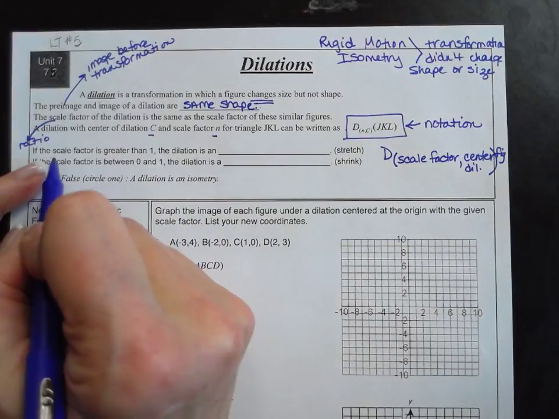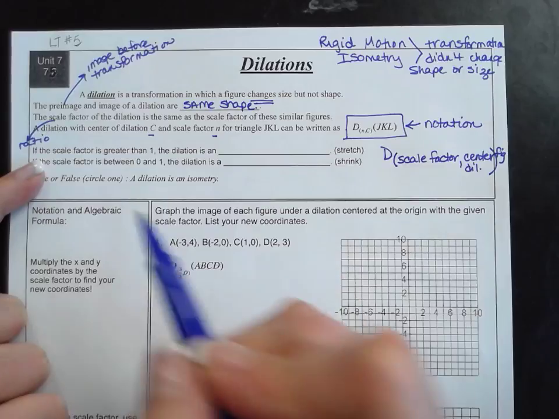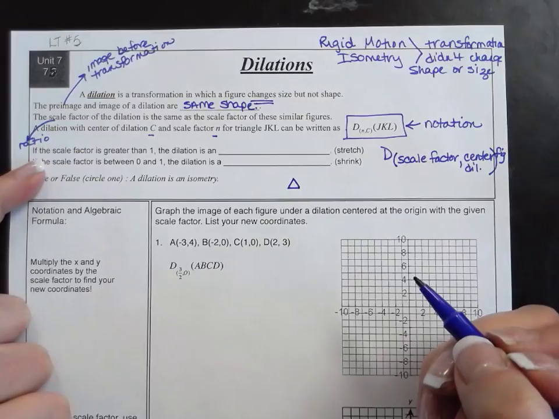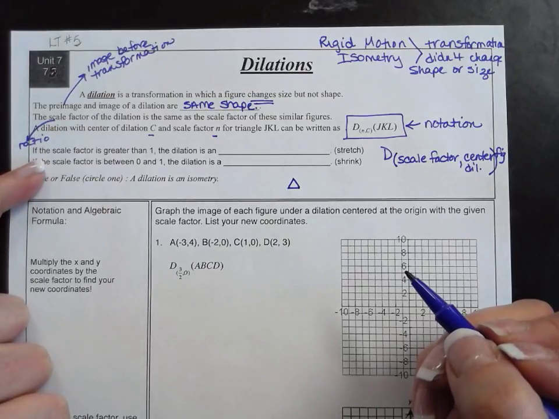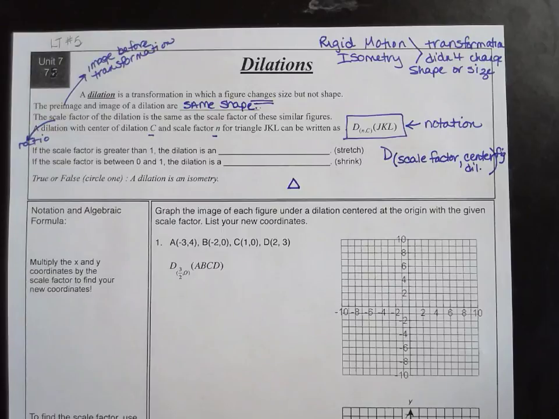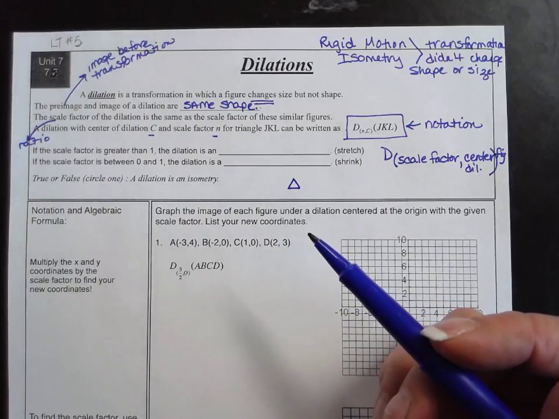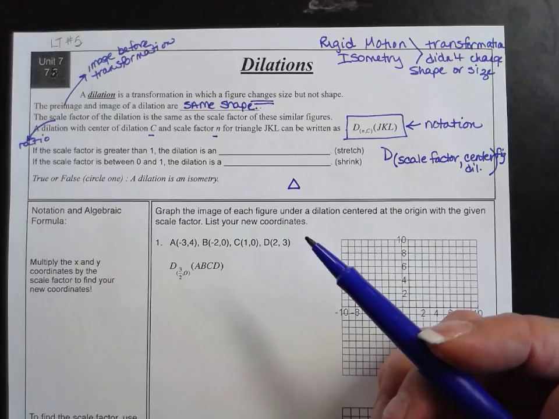Okay. If the scale factor is greater than 1, think about this. I have this triangle. If I'm going to make it a scale factor of 2, which is greater than 1, the dilation is going to be what? Nick, what do you think? Describe it. Is it going to go up or down in size?